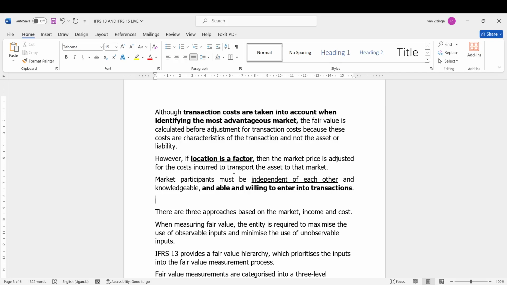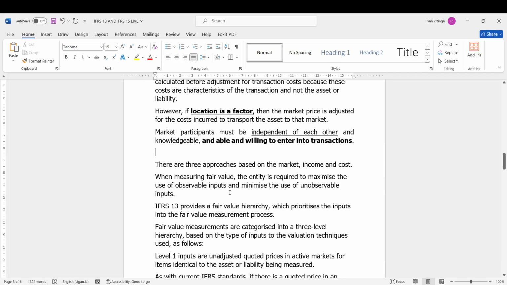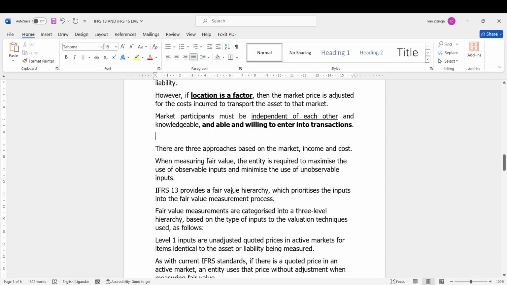Observable inputs are happening in the market. That's why we look at level 1, where we have an active market.